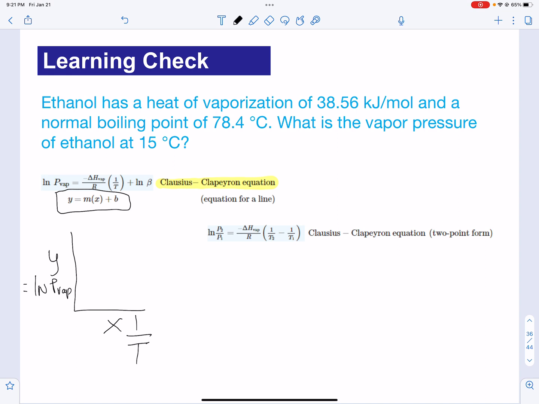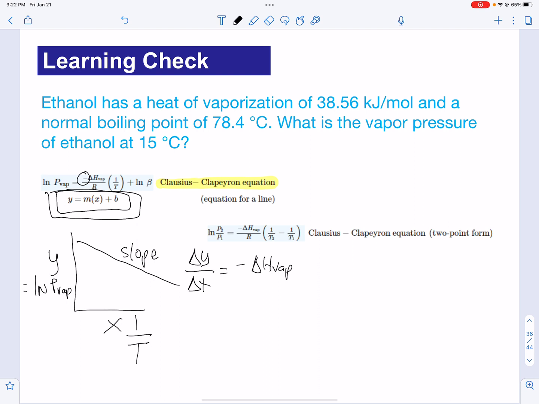So if you measure those numbers, you're going to come up with a line like this because it follows the format of a straight line with a negative slope, and the slope of this, which is the change in y over the change in x, in this particular case, is going to be the enthalpy of vaporization over the R constant.